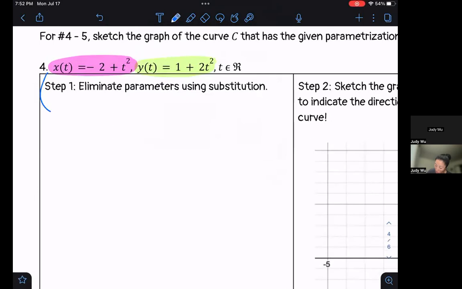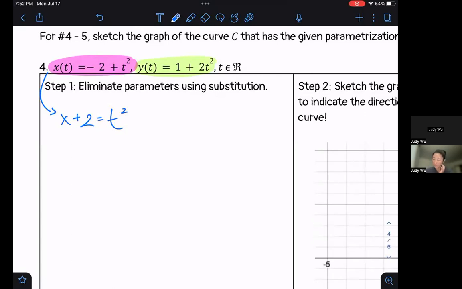And so here's what I'm going to do. I'm going to grab the x equation, and I'm going to go ahead and solve for t squared, all right? So x plus 2 equals t squared. Now, I could take the square root here. I could say t equals the square root of x plus 2. But I'm not going to do that.